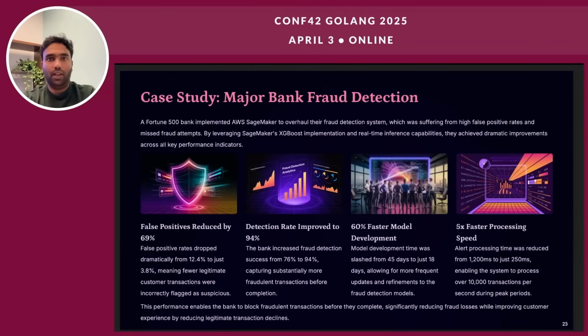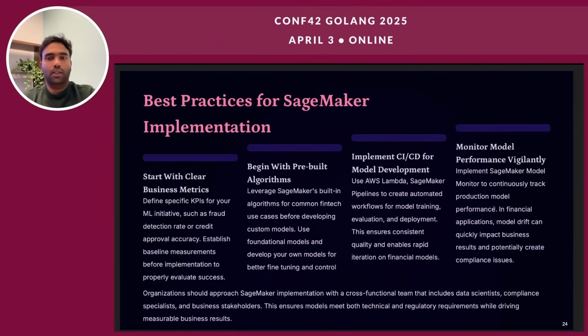So going out of this presentation, what are the steps ahead to begin your journey of using SageMaker or getting into machine learning? First, identify the problem you're looking to solve with defined KPIs and success metrics. Start off leveraging the pre-built models and advance forward to use foundational models and develop your own models for more fine-tuning and control.